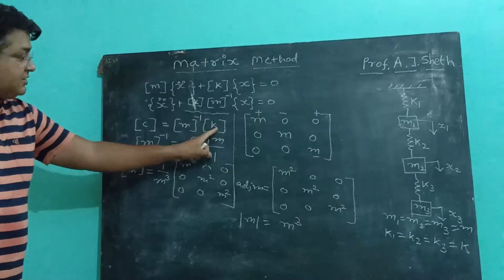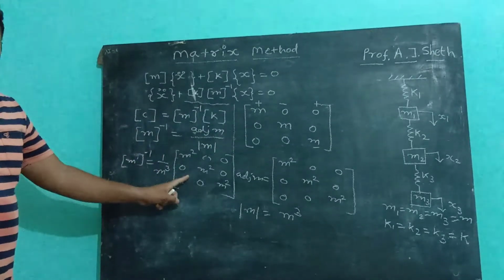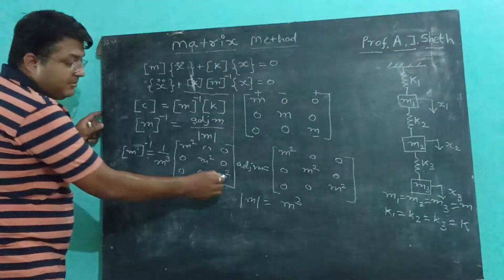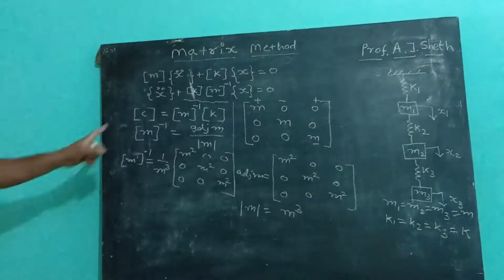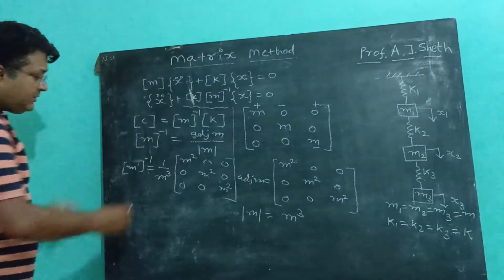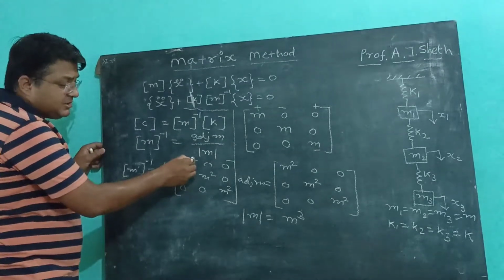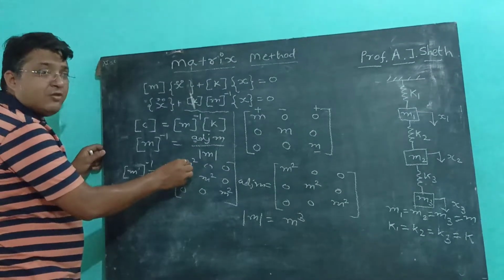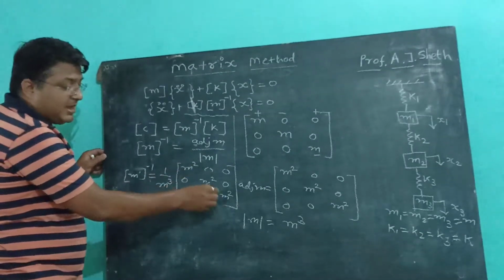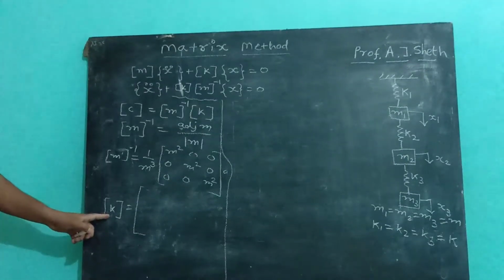When we multiply this with k, we have k by m. So the dynamic matrix value is now known to us, because when m cube goes inside, this place has value m square by m cube, so it is 1 by m. It is 1 by m. 1 by m.